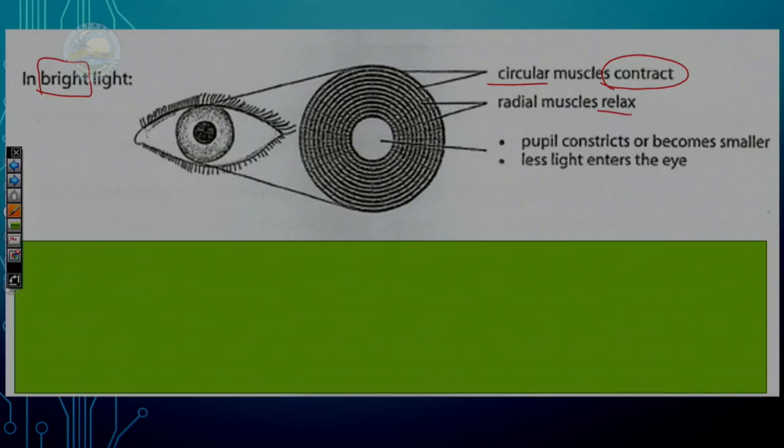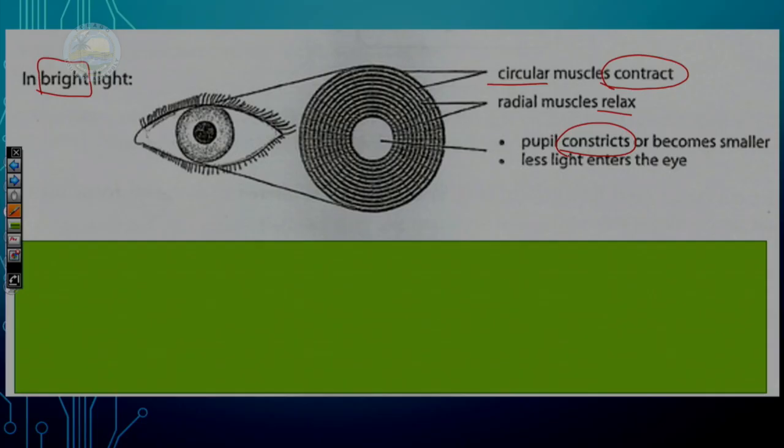So the pupil will constrict or become smaller, and less light will enter the eye. You don't want too much light entering the eye. That is going to cause problems on your retina. So once again, bright light, you want the pupils to get smaller, and so the circular muscles will contract and the radial muscles will relax.